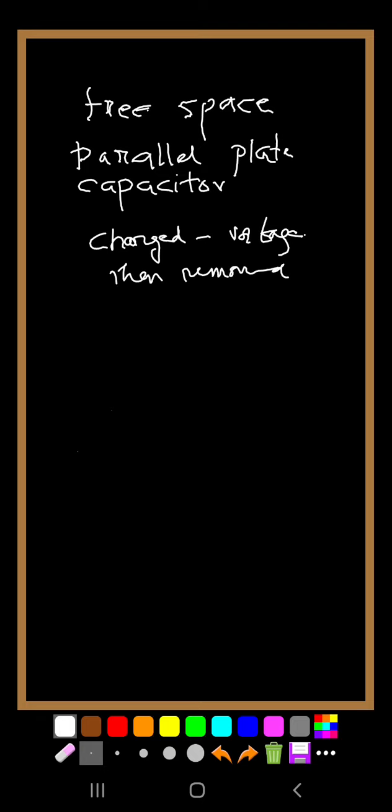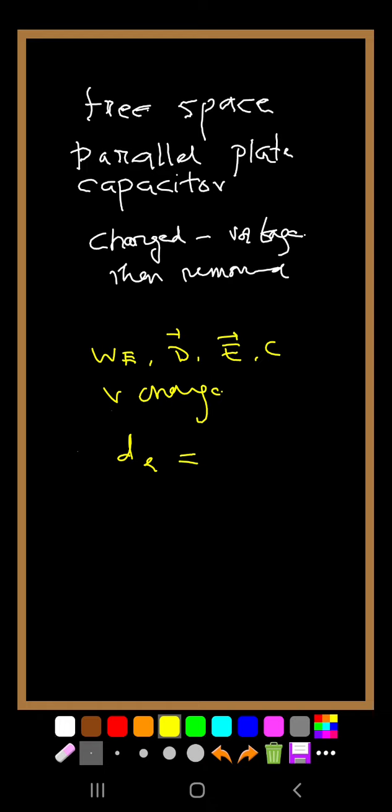So there has to be some relationship between the energy, the displacement vector, the electric field, the capacitance, and the voltage change that is taking place. And the plates are moved apart to a separation of 2d1. So initially it was d1 between the plates, now it is 2d1. However, the charge has not been disturbed.